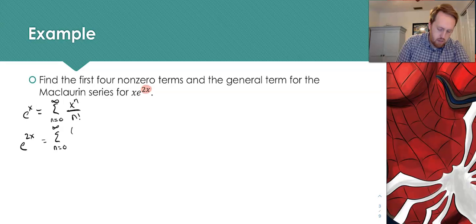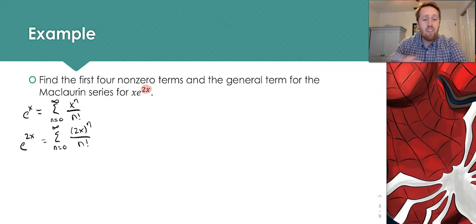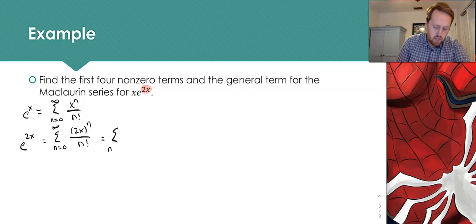So I just replace x with 2x parenthetically. And you can leave it like that if you'd like. I think that to generate terms, you'll have an easier time if you apply the exponent to each individual term, or each individual factor. So 2 to the n, x to the n, over n factorial.